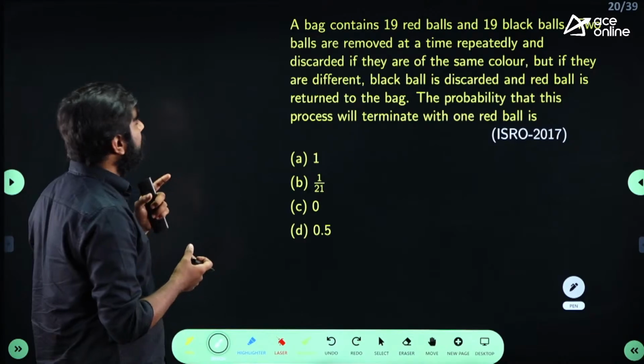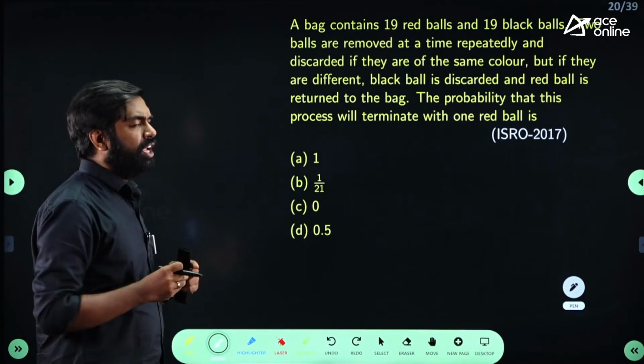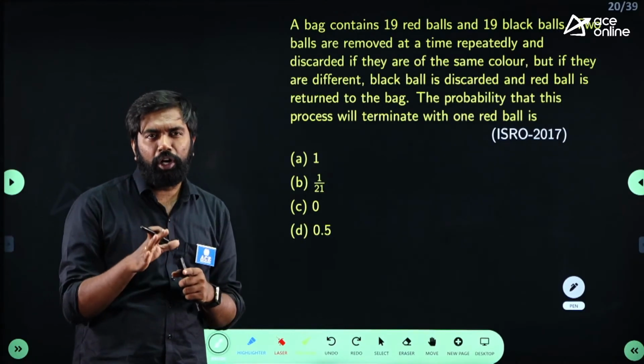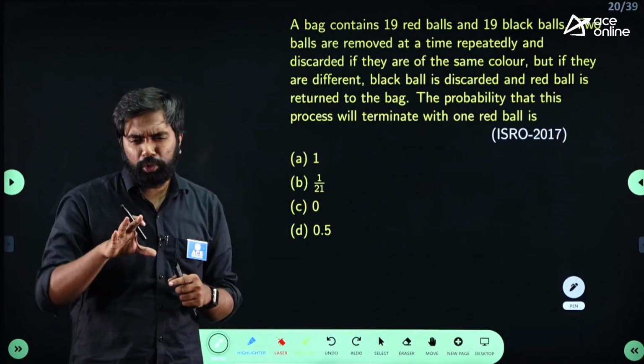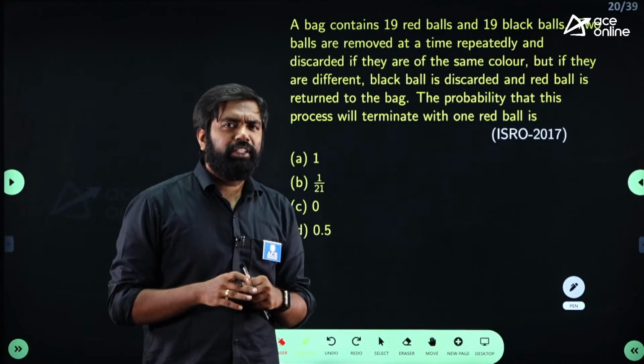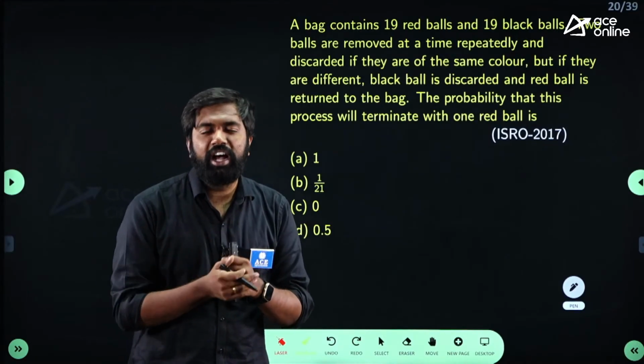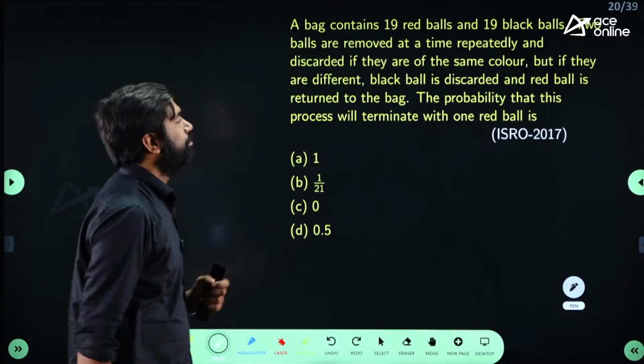It says a bag contains 19 red balls and 19 black balls. I am frankly telling you, when I solved this for the first time, I was unable to crack the logic, but I sat peacefully and listed the various possibilities. That's when I got the answer. Let's read this.